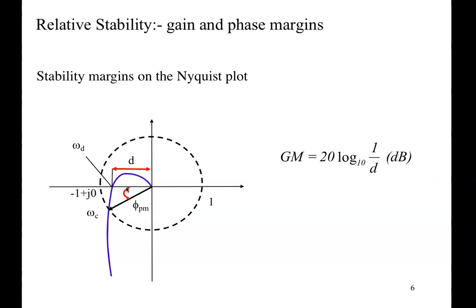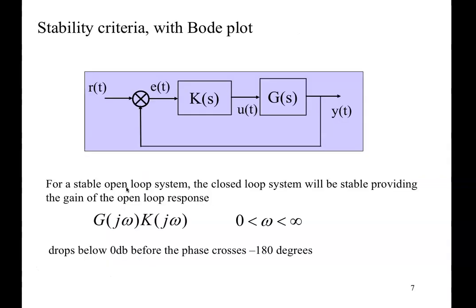Now that's when you use the Nyquist plot. I can translate that for the Bode plot as well. For a stable open loop system, if G(s) and K(s) do not give you any unstable poles, or any positive poles, right?